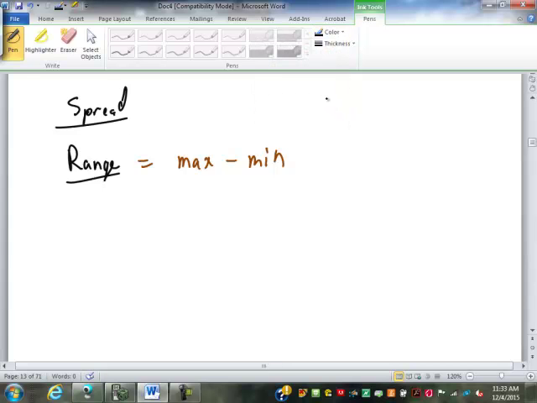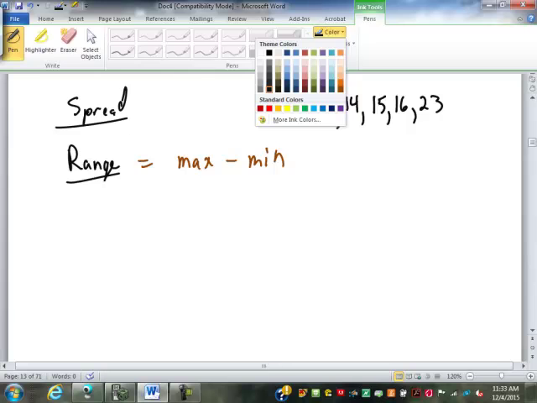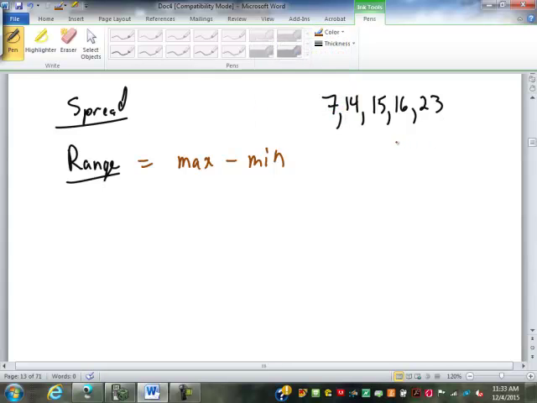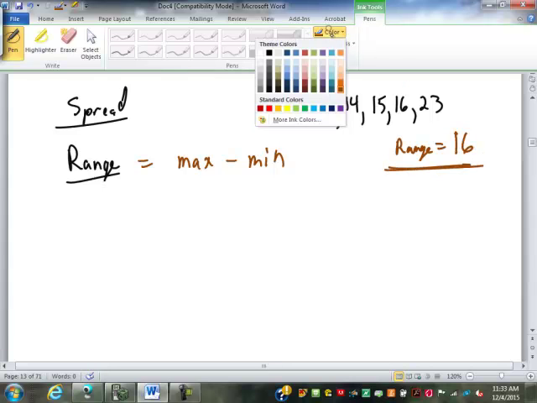Well, let's try this. What is the range of that set of data? What's 23 minus 7? 16, right?